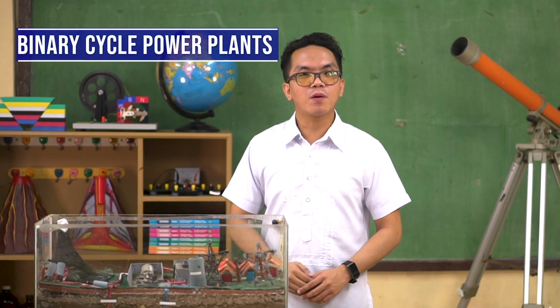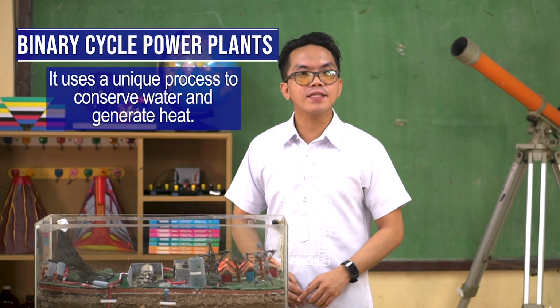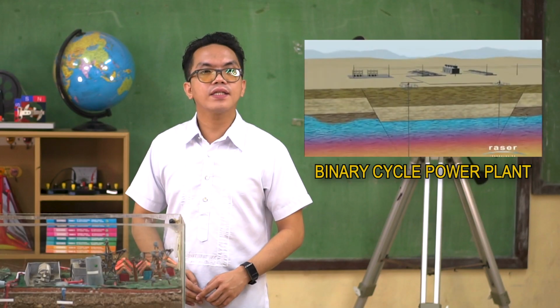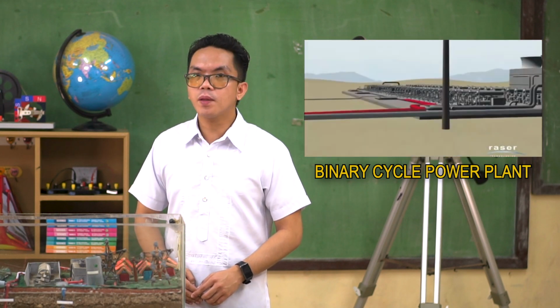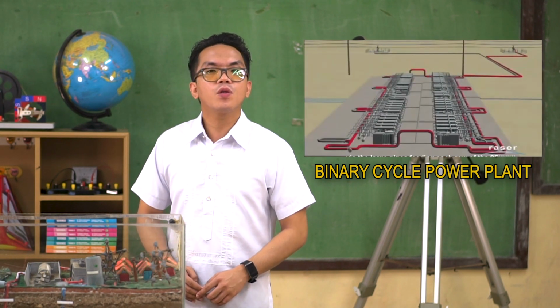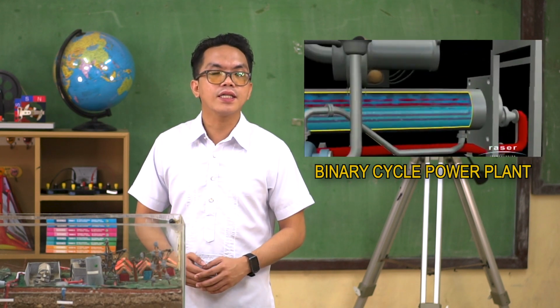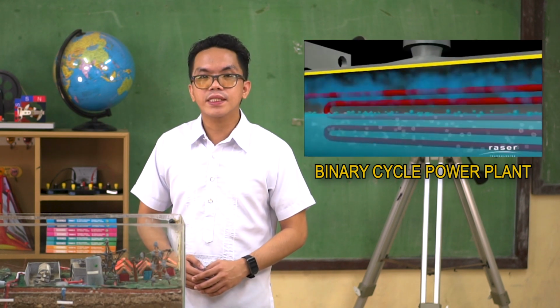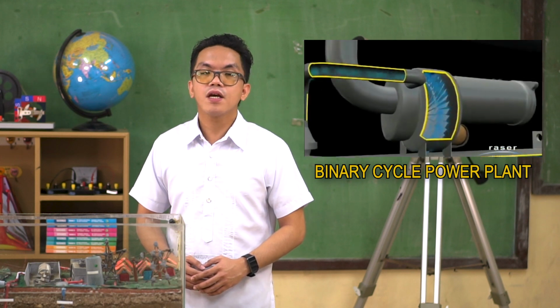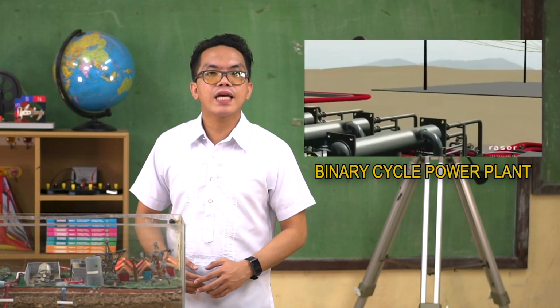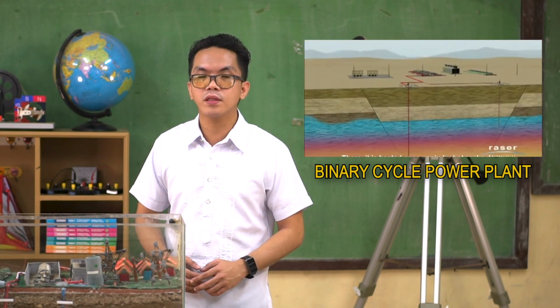Binary cycle power plants use a unique process to conserve water and generate heat. Water is heated underground to about 107 to 182 degrees Celsius. The hot water is contained in a pipe which cycles above ground. The hot water heats a liquid organic compound that has a lower boiling point than water.